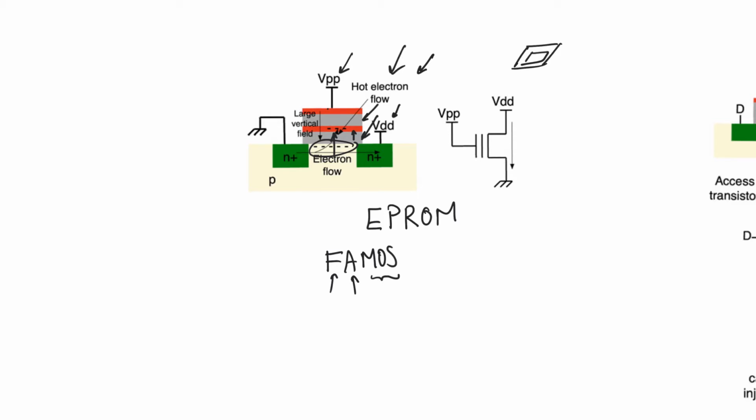You can't even erase it at home because it requires a specialized device to erase it. And more importantly, when you erase it, you erase everything on it. You reset it so that every cell is carrying a logic 1 instead of any specific data. And so you cannot erase a specific cell. You have to erase everything on the chip at once.